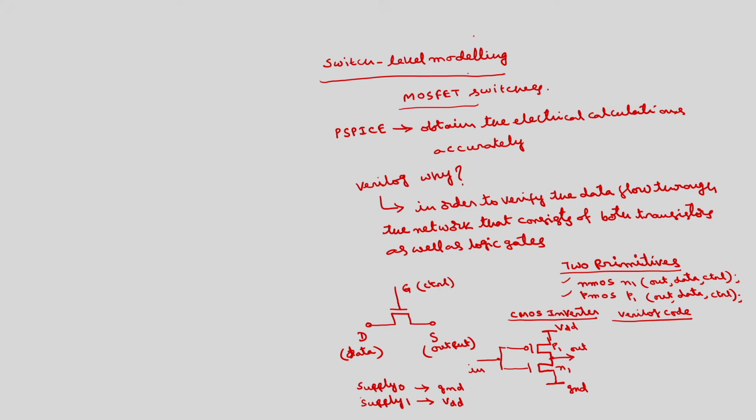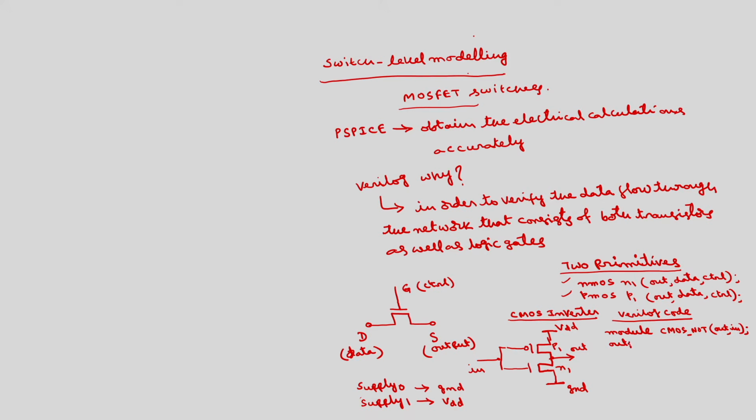In the Verilog code I give the module some name, CMOS underscore not, with only one input and one output, out and in.